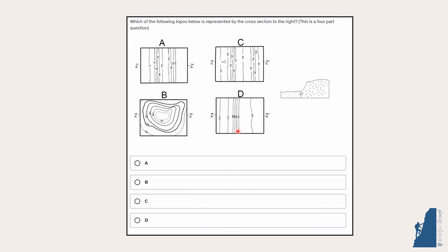There's one steep section where all the topo lines get really closely bunched together. And then we have a section over here, maybe the last quarter to a third of the topo, that is pretty gently sloping down, or flat even. That seems to match the best.